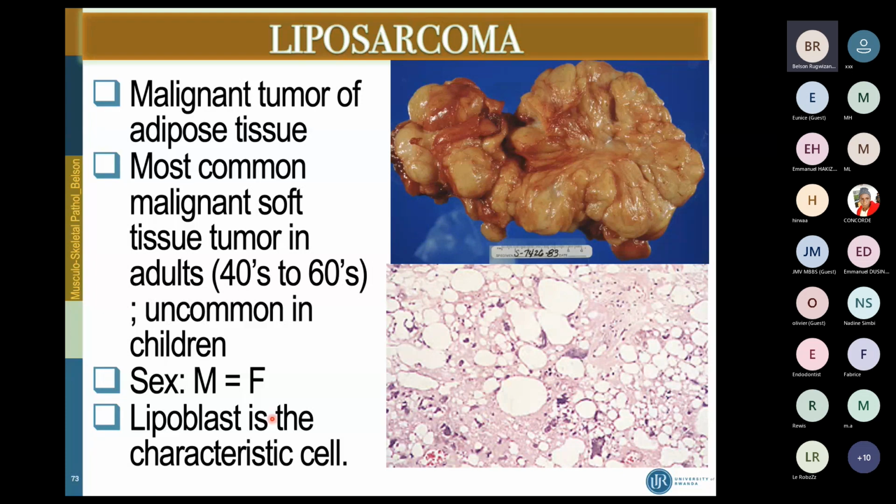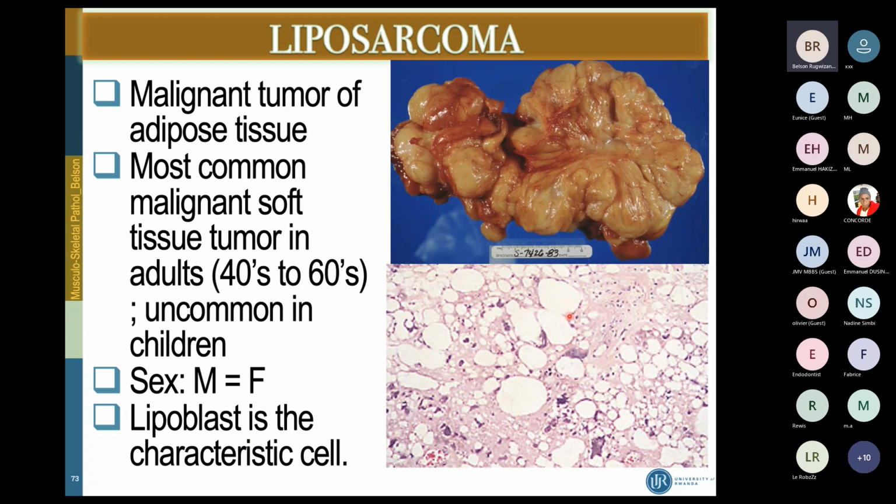So liposarcoma is the malignant counterpart. It is the most common malignant soft tissue tumor in adults and is also seen in children. Males and females are affected equally. It is usually large when it presents. It is a cancer arising from lipoblasts, of course.